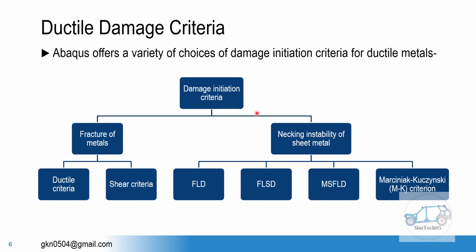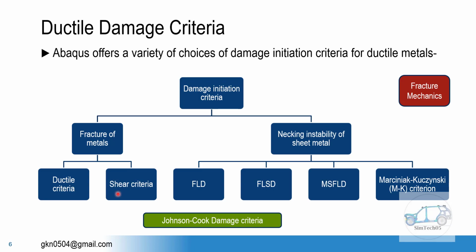This FLD, or forming limit diagram, is very important if you are working on sheet metals. These material models are specially designed for sheet metals. Apart from that, you can utilize the ductile criteria and shear criteria along with the famous Johnson-Cook damage criteria. So basically these types of damage criteria are what we have within Abaqus for metals.